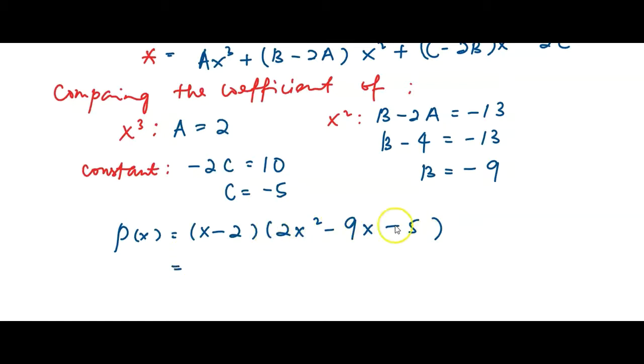Then you need to check whether this quadratic factor can be factorized further. All right, we try 2x multiplied by x, and then 5, 1. To get a negative 9, this will be negative, this will be positive. All right, then we expand back to check if we got back this quadratic factor.